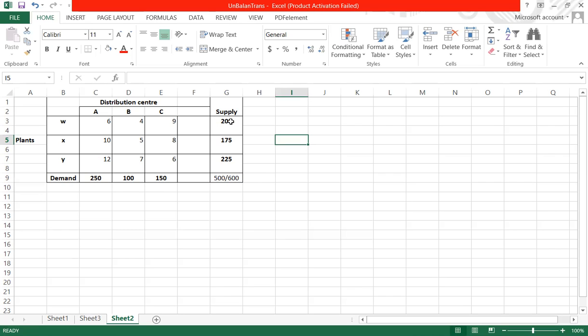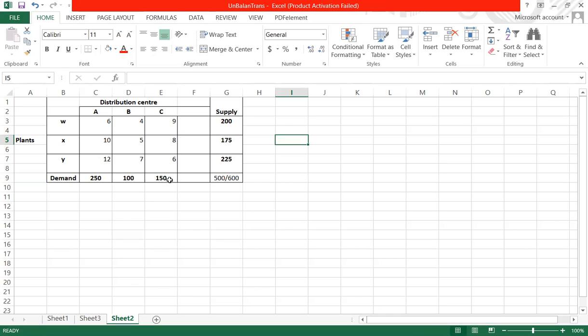The total of supply, take this example: W has a supply of 200 units, X can supply 175 units, Y can supply 225 units. So the total of supply is 600. And A has a demand of 250 units, B has a demand of 100 units, C has a demand of 150 units.